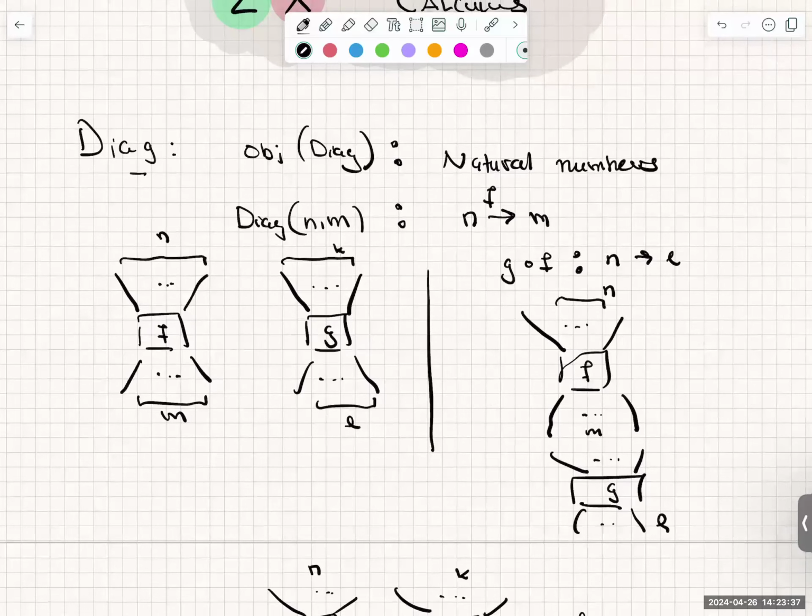Do they have to be labeled? This is something that was unclear. My understanding was that F is the morphism. So the objects are the natural numbers, and the morphisms are maps between natural numbers. Wait, maybe, sorry.